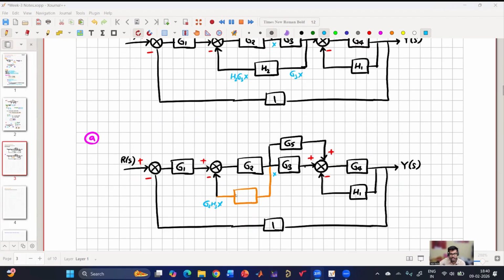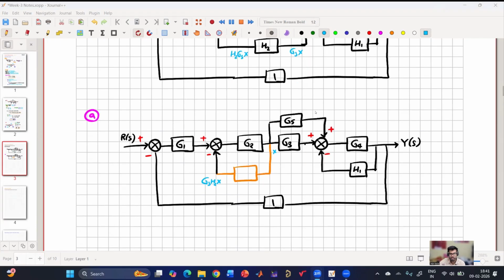G3 into H2, sorry, my bad. G3 into H2, right? Not 1 by G3. Is that clear for everyone? This is clear, right? Straightforward.